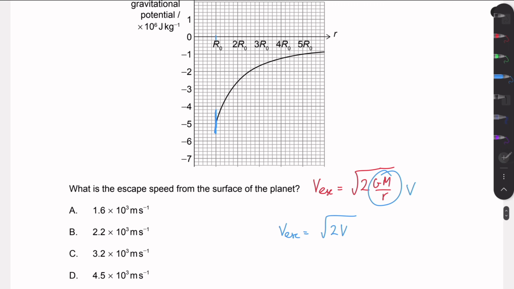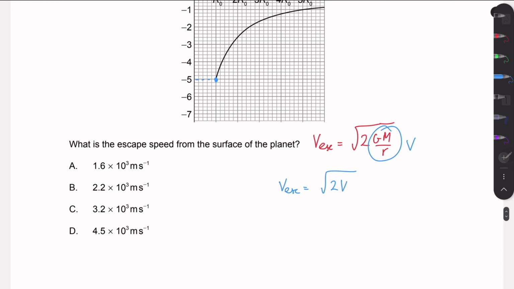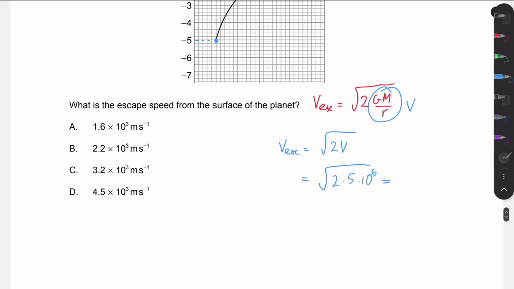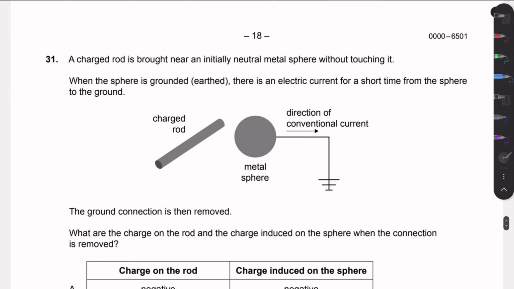And very nicely we can read this off, because we know the potential at the surface is 5 times 10 to the 6 joules per kilogram. So this will just be the square root of 2 times 5 times 10 to the 6. This will be 10 root 10 times 10 to the 3. And if we plug this in, we should get 3.2 for root 10, which is C.